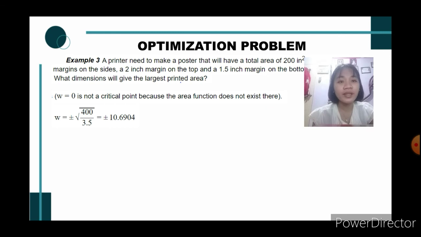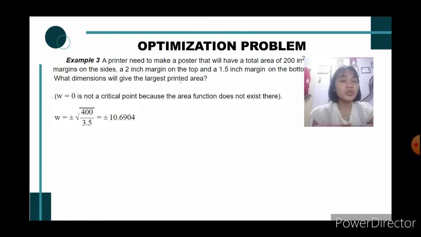Pag na-simplify na, magiging sagot ay positive and negative 10.6904. However, since we are dealing with the dimensions of a piece of paper, we know that we must have w greater than 0. And so, only 10.6904 will make sense.